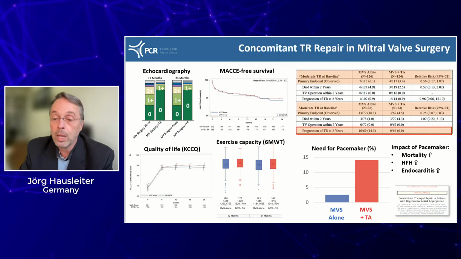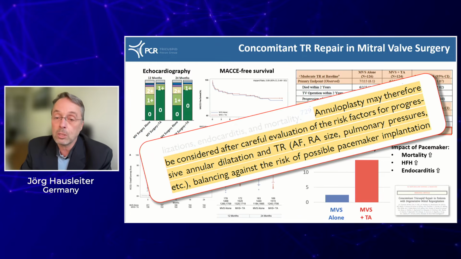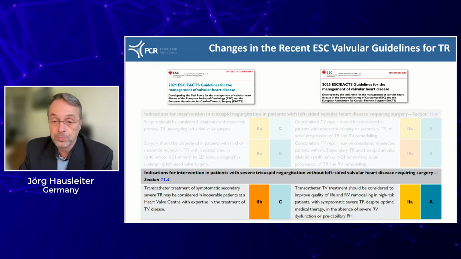So this is why there is now this very differentiated approach for annuloplasty, and this should be therefore very carefully considered after the evaluation of the risk factors for progressive annular dilatation and progressive TR, and this needs to be balanced against the risk of possible pacemaker implantations.